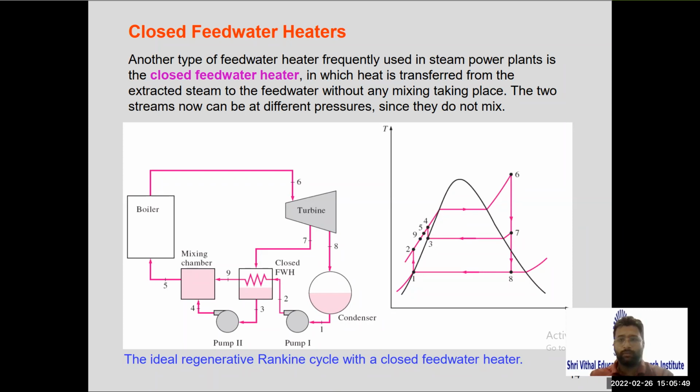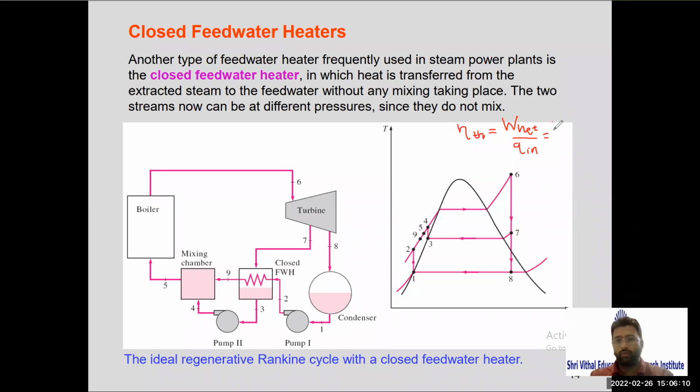So maybe I'll write it down. Efficiency in this case will be equal to W net divided by Q in.